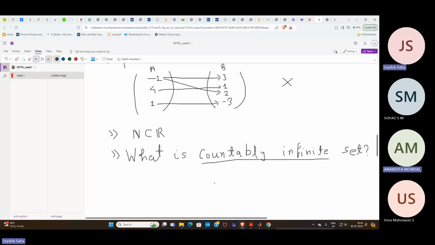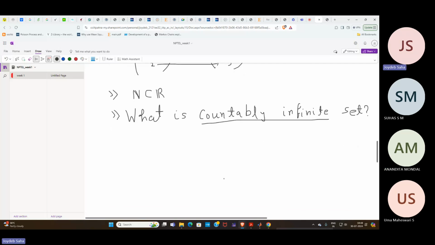Sir, when a set has a bijection with the natural number set, then we can say it is a countably infinite set. Yes, right. Bijection with natural numbers.